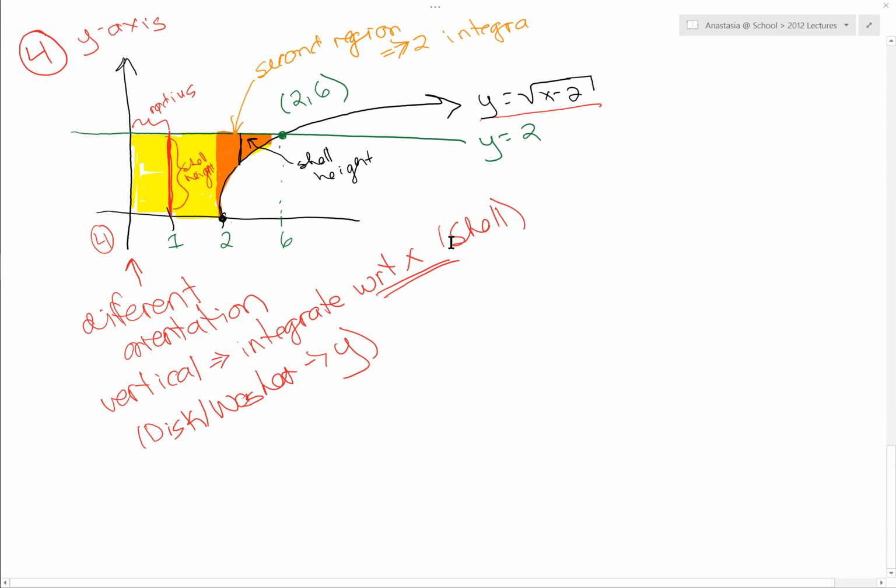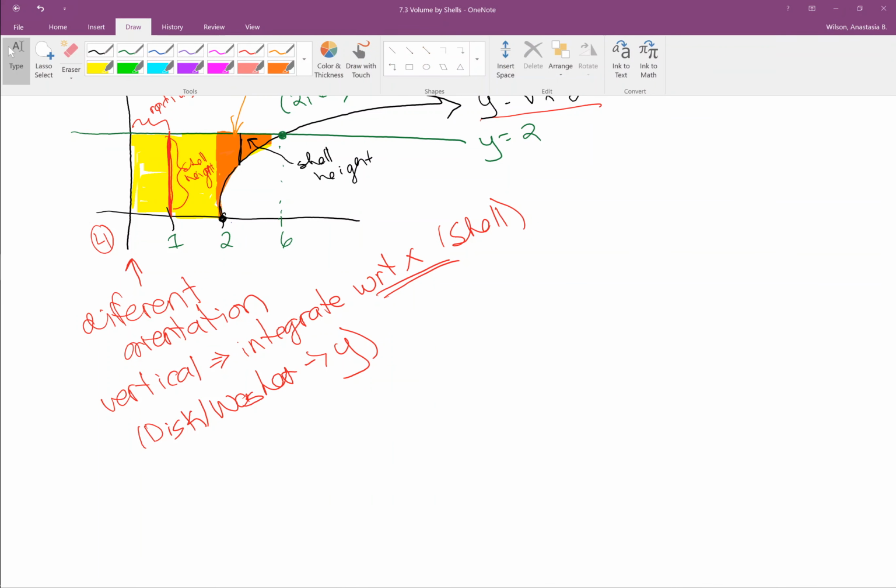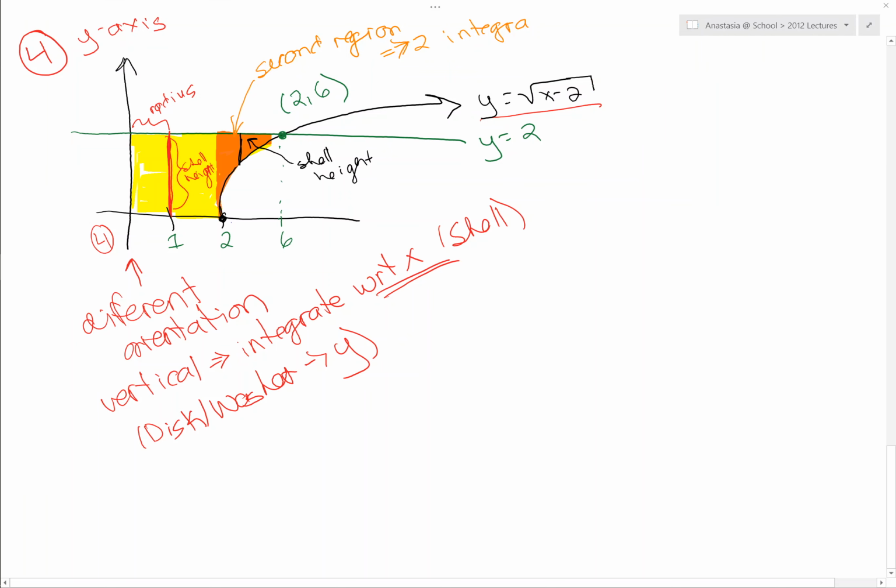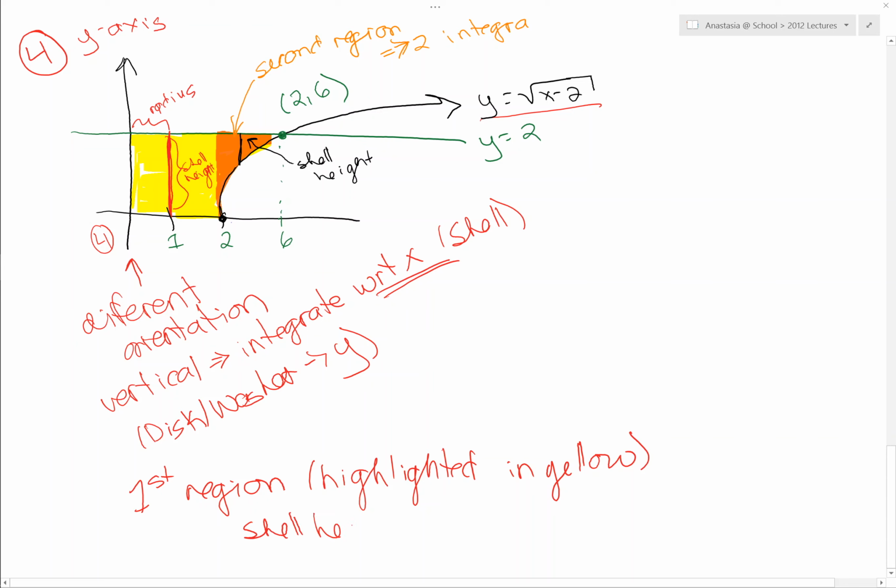Okay, so for our first region, this is the region that's highlighted in yellow. Let's start with the shell height.